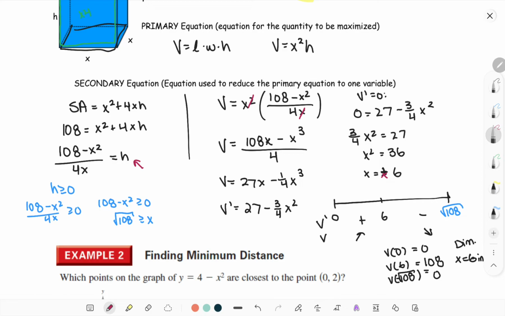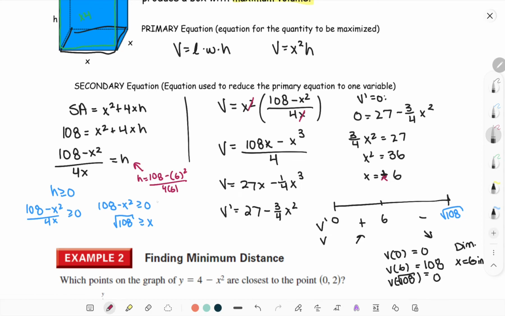Ideally, I'm going to plug it in here because I already know x. So h is (108 minus 6 squared) over (4 times 6), because I've already decided the x value that gives me a surface area of 108. The related value, 108 minus 36 divided by 24, ends up also giving me 6.